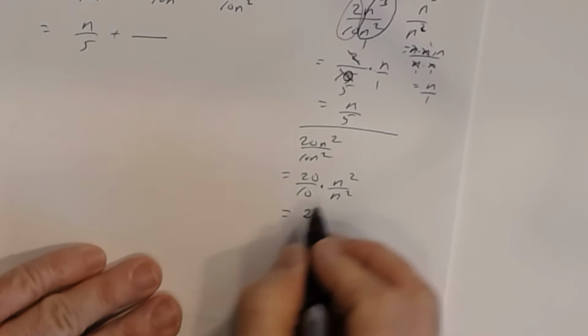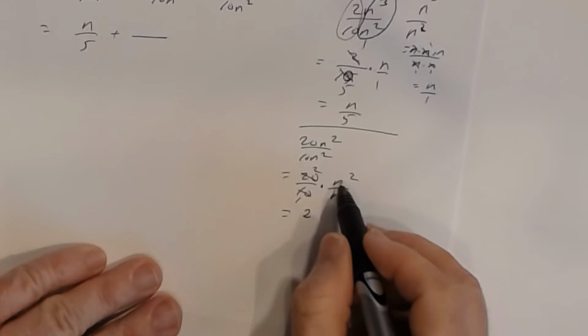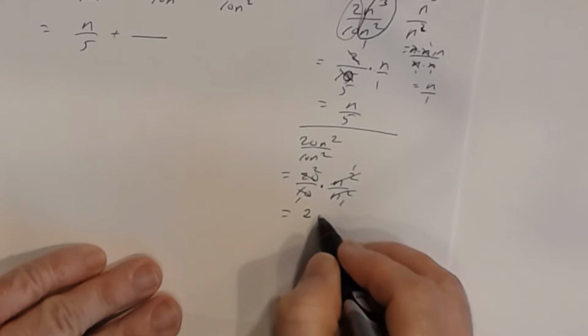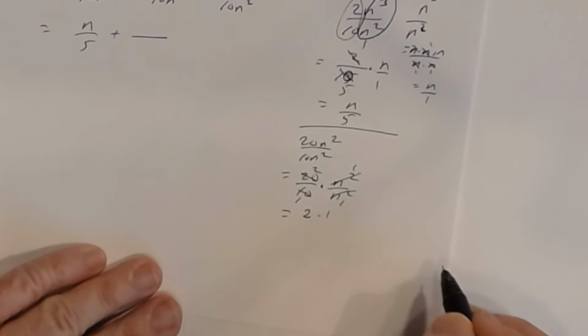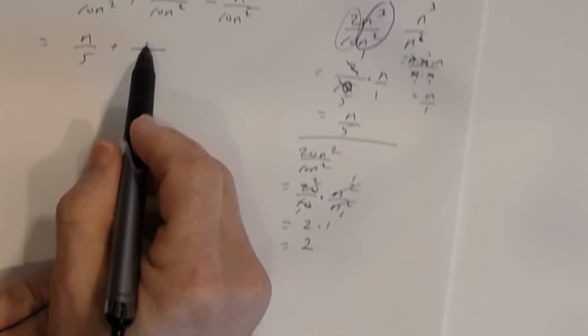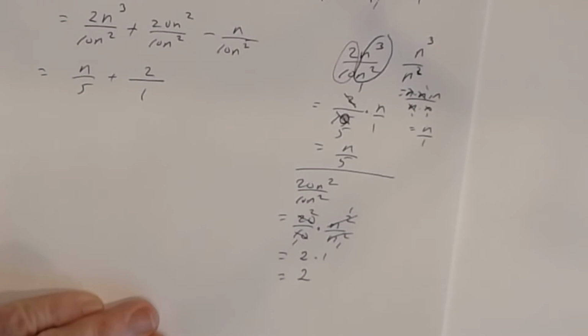So that's easy, because 10 into 10 is 1, 10 into 20 is 2. And you know that n squared divided by n squared, so anything divided by itself, those all divide out, that's just 1. So that's 2 times 1. And then 2 times 1 is 2. So this right here is 2 divided by 1 for right now. Okay, so just write it as 2 divided by 1.